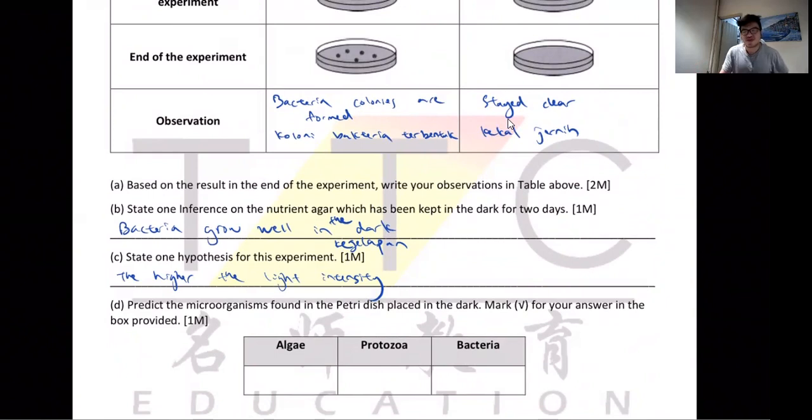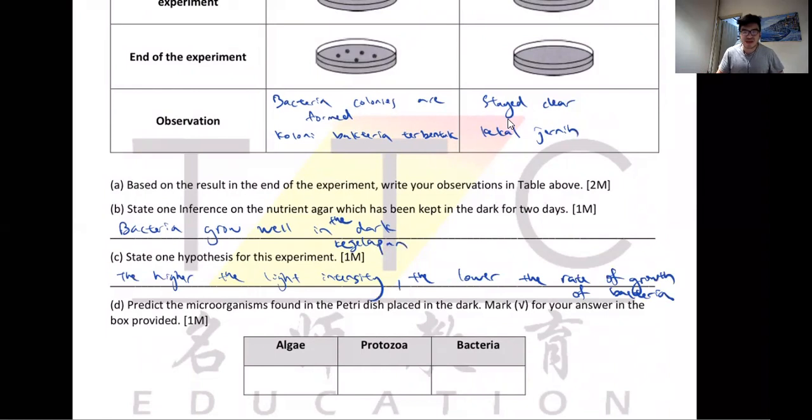I just don't like to say that, so: the higher the light intensity, the lower the rate of growth. Or you get along the line of it.